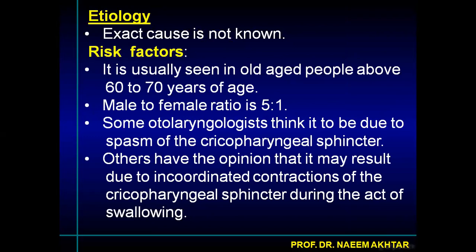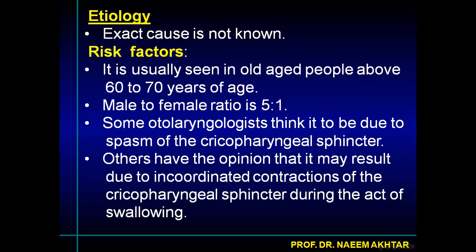Etiology. The exact etiology of the pharyngeal pouch is not known. However, there are certain risk factors which predispose to develop this pouch. This pharyngeal pouch is usually seen in old age people above 60 to 70 years of age.